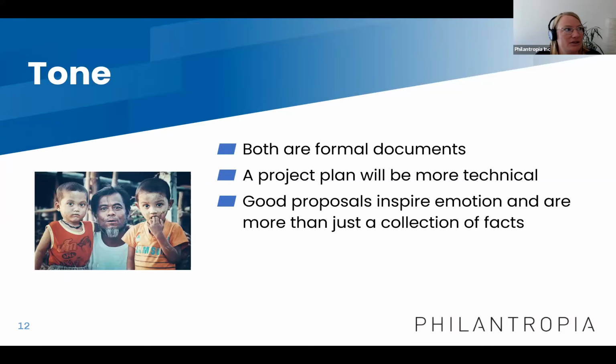It doesn't need to inspire passion. Those are tasks, action points that need to be implemented. And the proposal should be a bit more than that if possible, because if you just list out facts, in today's world of competition, today's world of great proposals everywhere, you're probably not going to win.